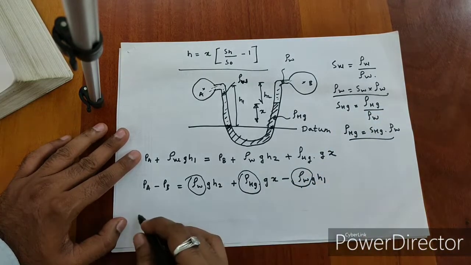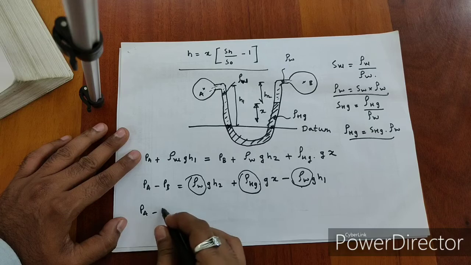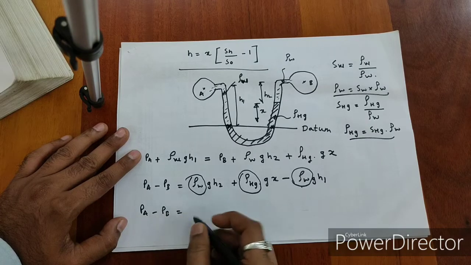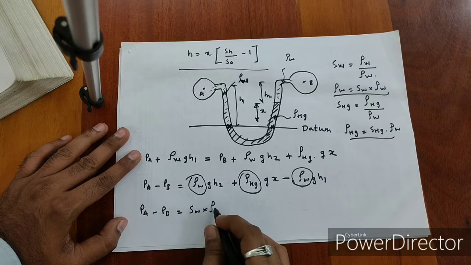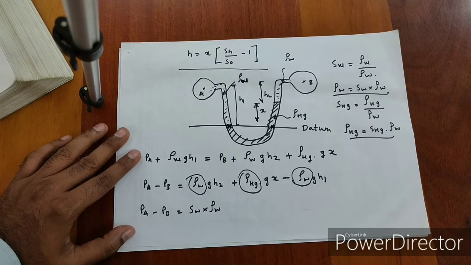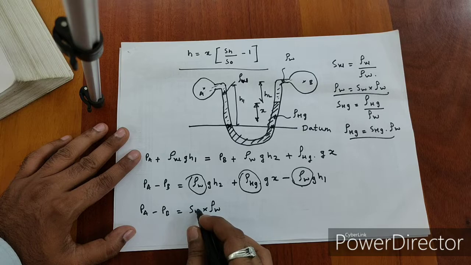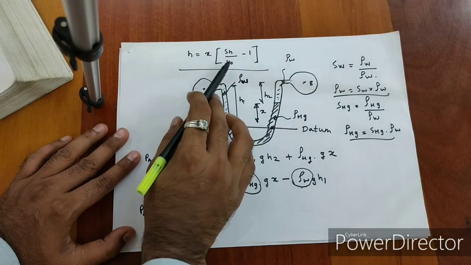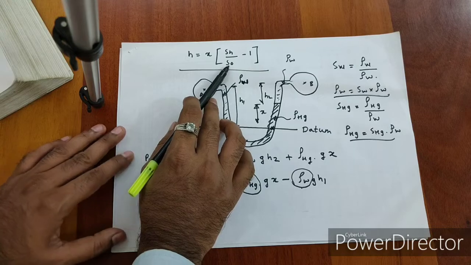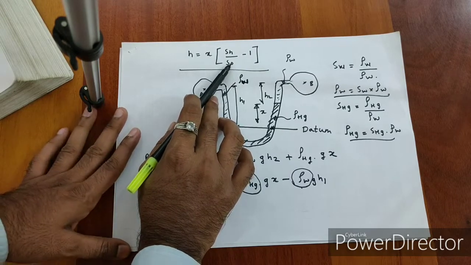So rho W, rho Hg and rho W should be written in terms of specific gravity. PA minus PB equals SW into rho W. You can also write it as SO, because water is flowing in the pipe; SO is the specific gravity of the liquid flowing in the pipe.